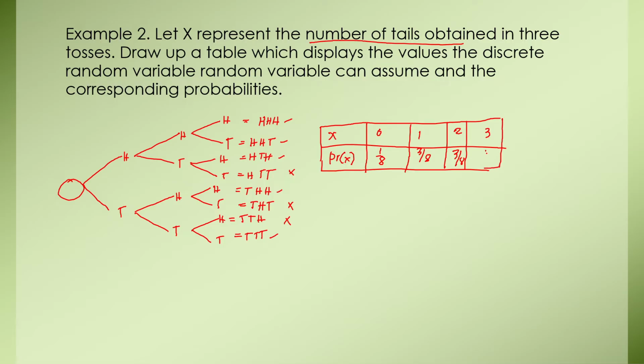So therefore, this is 1 over 8. So we have completed the table that displays the values of the discrete random variable with the corresponding probabilities when we let X represent the number of tails obtained in three tosses. Okay, so this is an example.